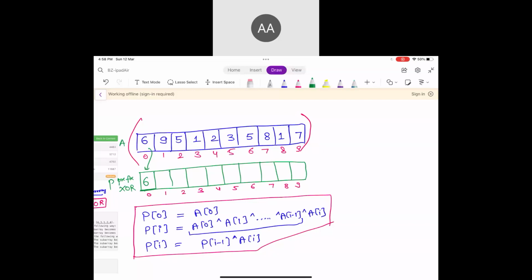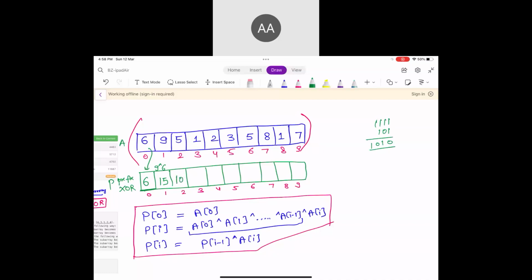It will be 9 XOR 6, so it is 15. I can also write it as 9 XOR 6 just for readability. Same way, if you do 9 XOR 6 with 5, you will get some prefix XOR. So 15 is 1111. You do XOR with 5, which is 101. This will become 0101, which is 10.